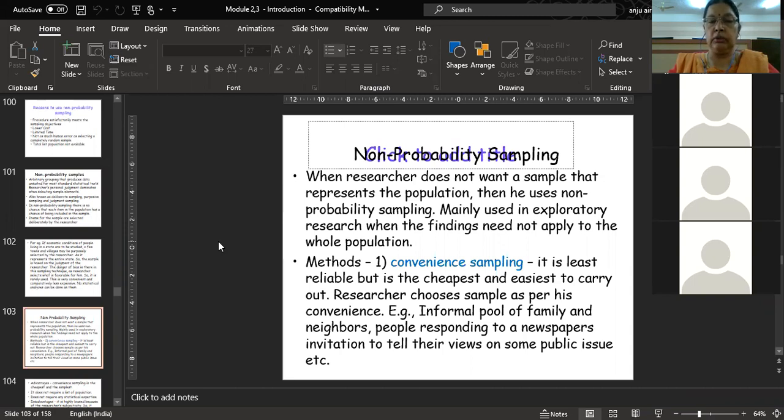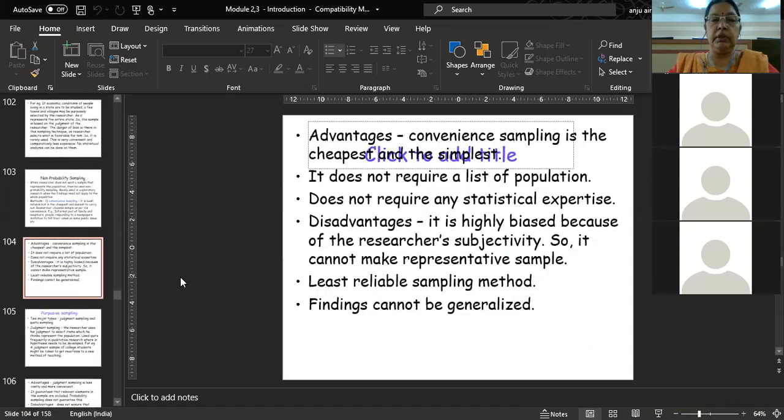You will select those people to form your sample. That is the convenience non-probability sampling technique, where the researcher has selected those people who are close to him, from whom he can collect the data easily. Such a sample will be called a convenience non-probability sample.